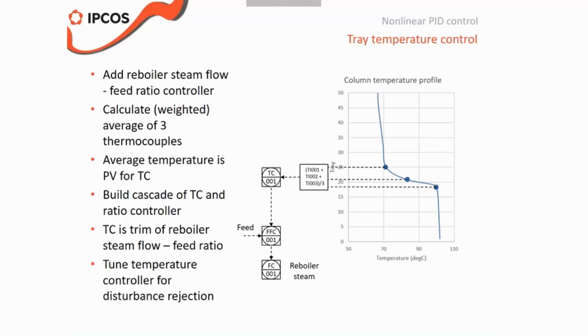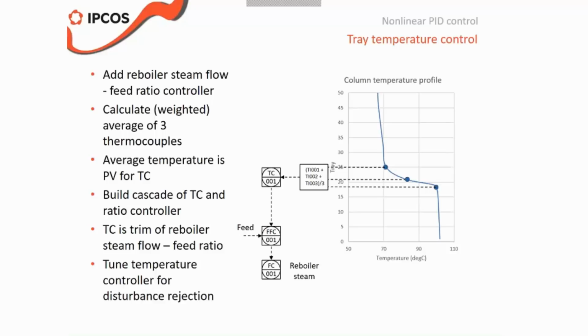It might change when I increase or decrease the reflux. That will change the shape of the temperature profile, and that basically means that I cannot use a fixed characterization for this because it depends on the process conditions. And taking the average of the 3 temperatures works better, because then it really uses the real process values all the time, and it doesn't depend that much on the shape of my temperature profile.